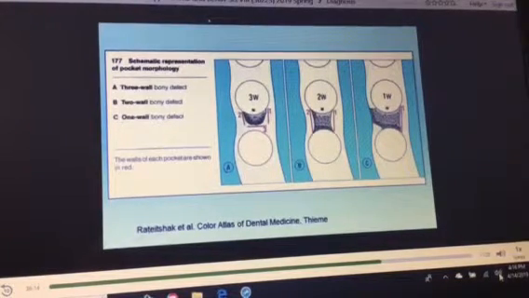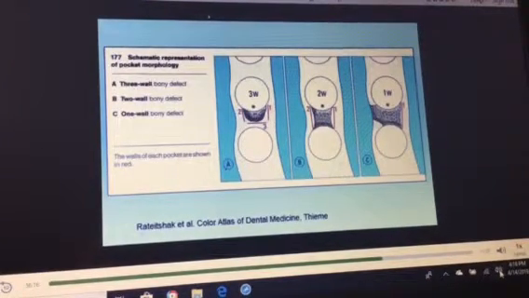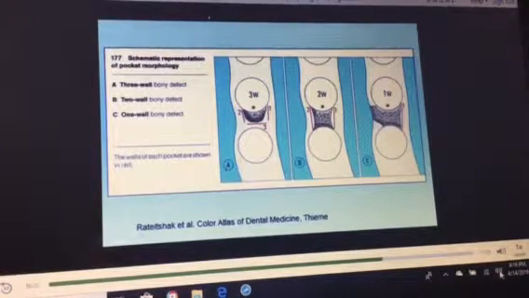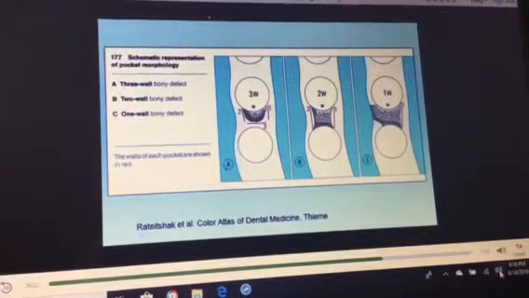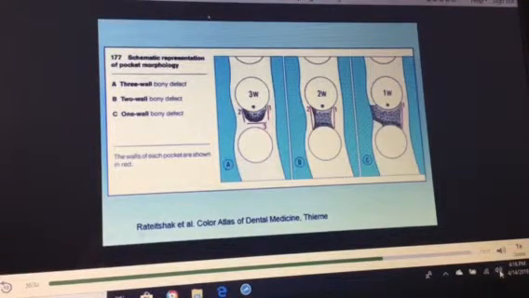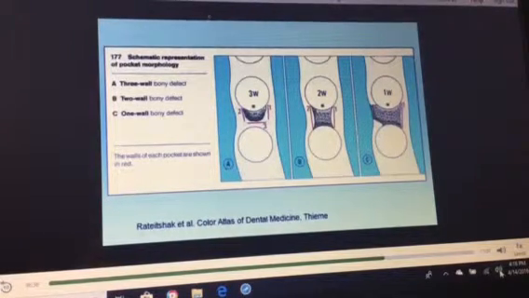So, this is part of Dr. Ashrafi's lecture about regeneration, where we have 3 walls, and where are the 3 walls? Where is line number 1? What is that line? Where is it located? Remember, these are the teeth.